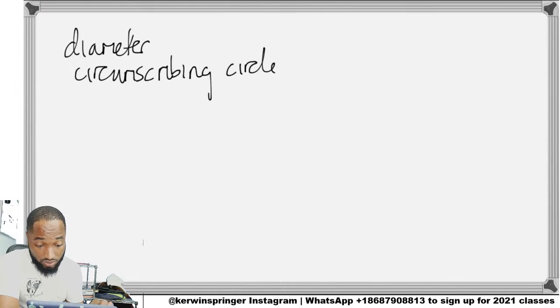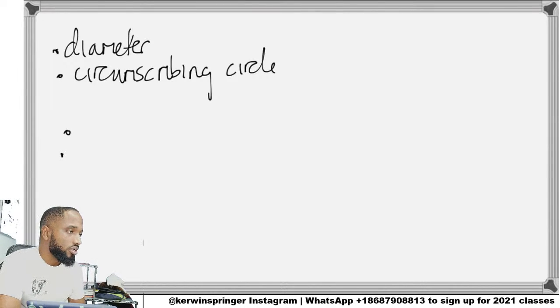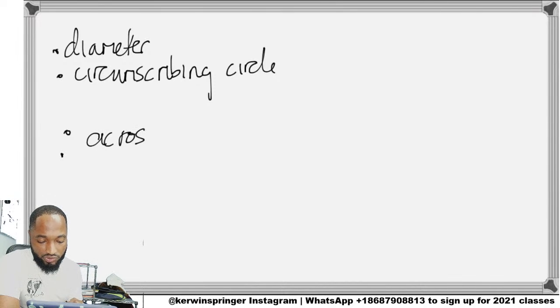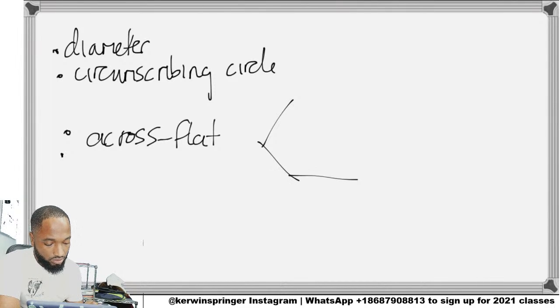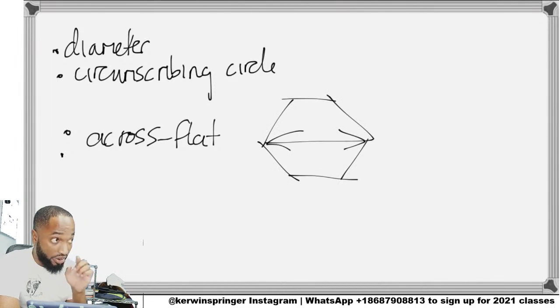Write this down. You can construct a hexagon given the across flat dimension, meaning you can construct a regular hexagon.